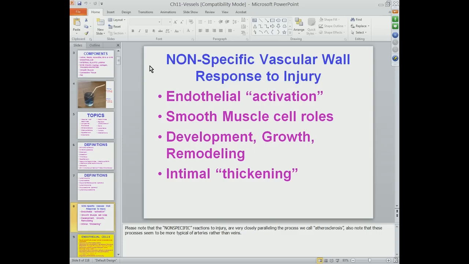Now, do you remember way back when several times we described endothelial cells as being like Dr. Jekyll and Mr. Hyde? Remember, that was a guy that was a really nice guy, Dr. Jekyll. But when he went crazy, he turned into a ruthless killer.